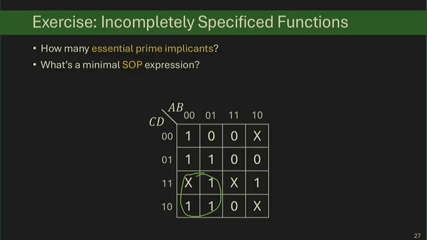Hamza is saying that this is the minterm that makes that implicant essential. And that is true. If you look at that minterm, it can only be covered by this prime implicant. So this is indeed a prime implicant. And then I'll just do the rest. This is also a prime implicant because of this minterm.